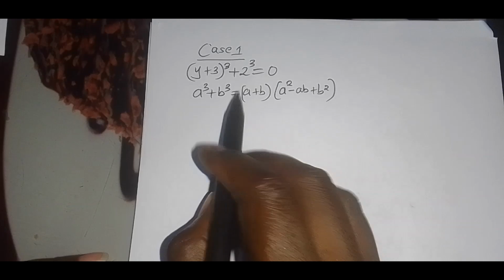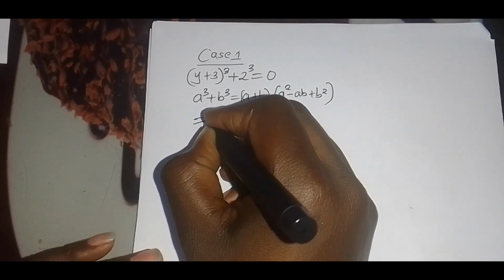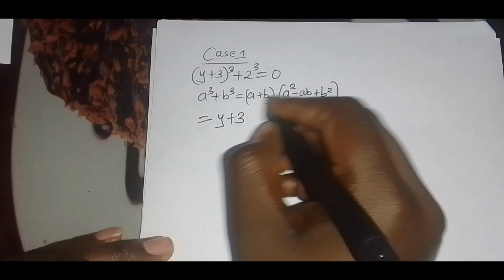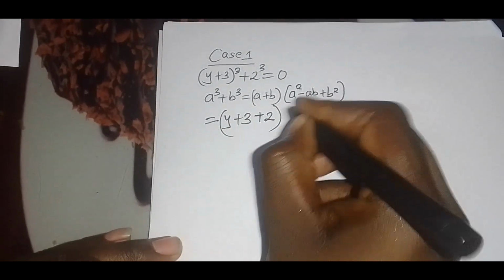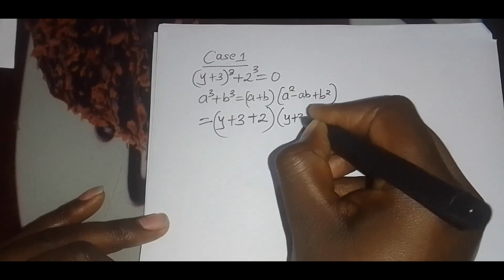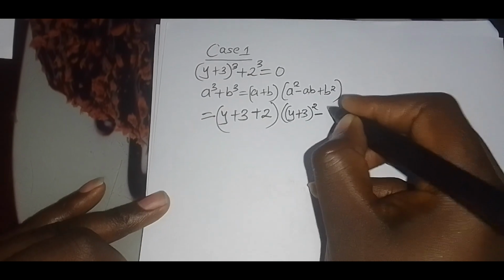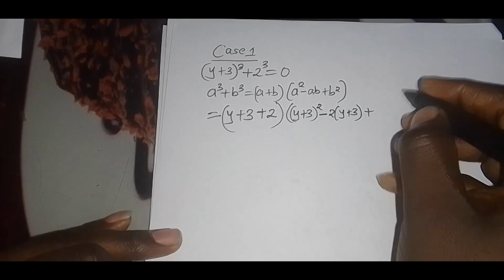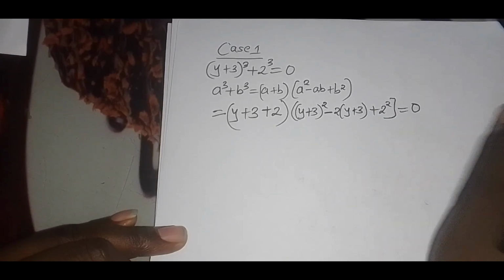If you apply this identity, you're going to have (y + 3 + 2) into the bracket, (y + 3) squared minus 2(y + 3) plus 2 squared, equal to 0.